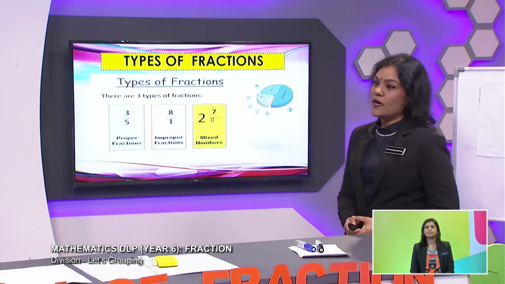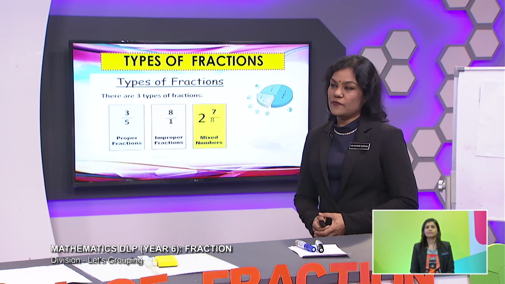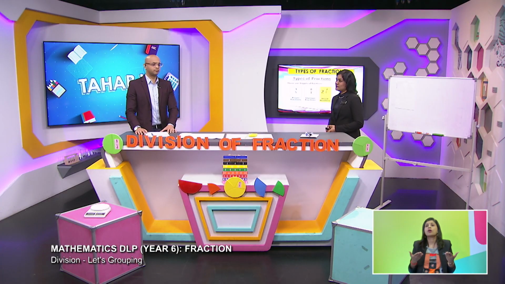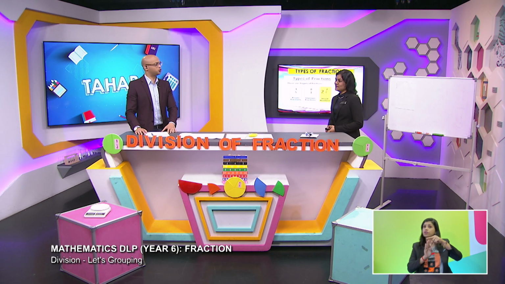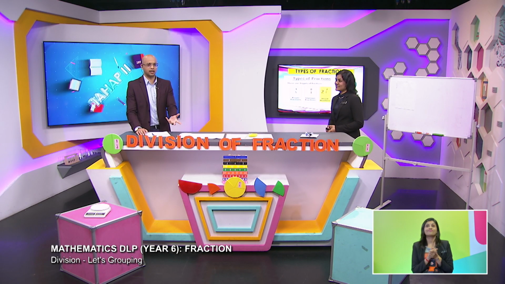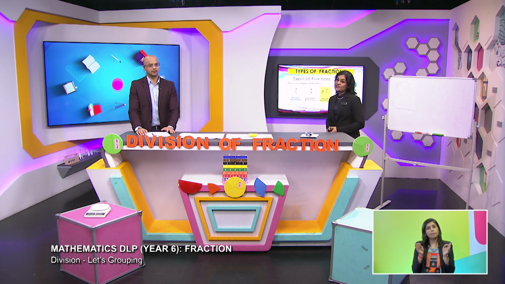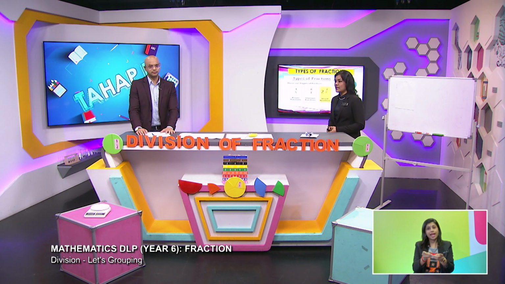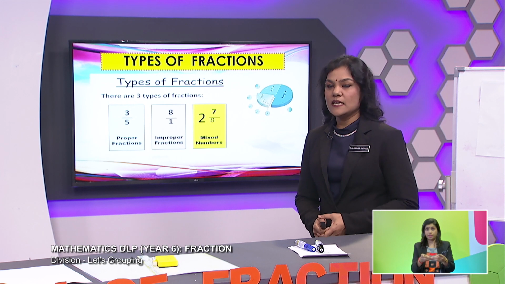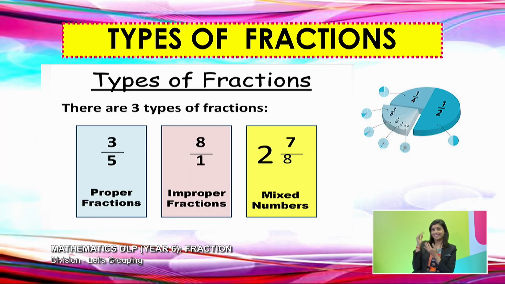So, Sean, do you know how many types of fractions there are? I only know a few, maybe proper fractions and improper fractions. Yes, there are 3 types of fractions. The first is proper fraction. Before that, kids, I'm pretty sure you know about the numerator and denominator.